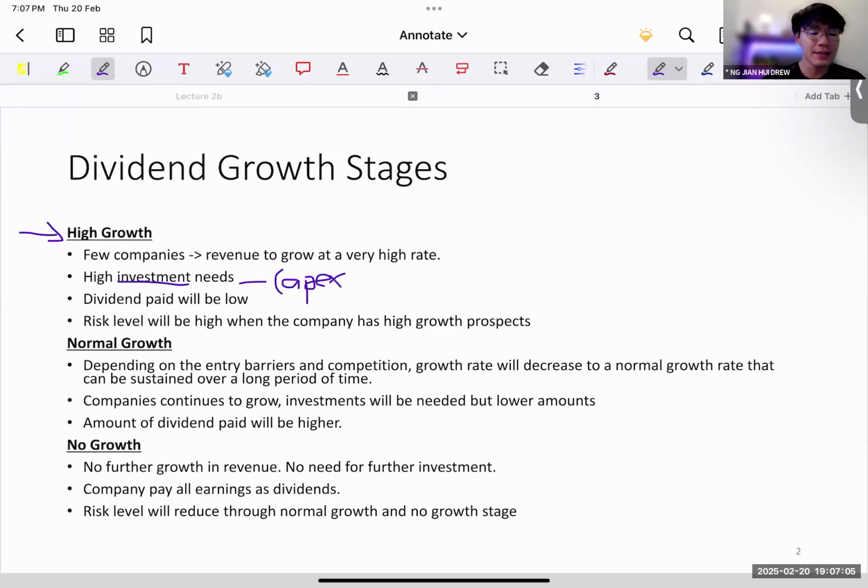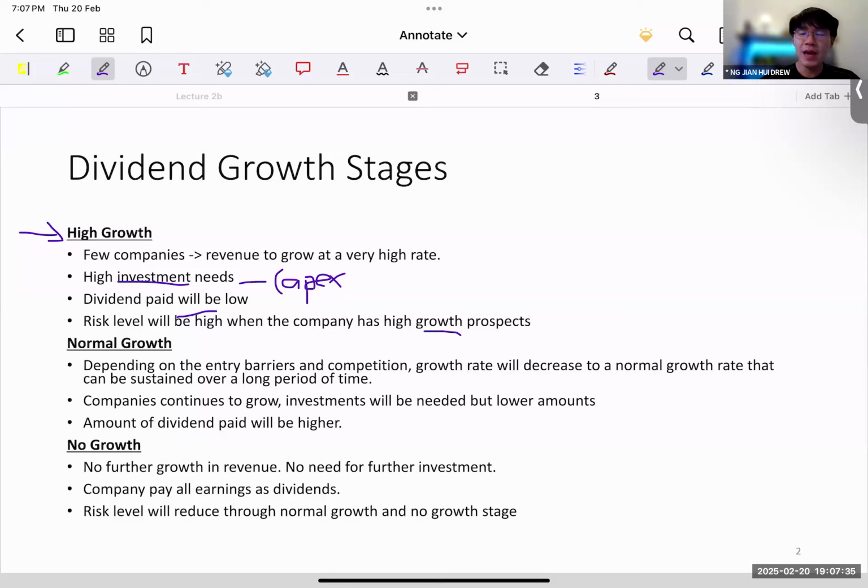Because a lot of investment is required, the company will not be able to pay much dividends. So dividends are typically low or almost zero. As well, a startup is generally considered a very high risk company, of course with very high growth prospects as well. So this is the first stage of dividend.